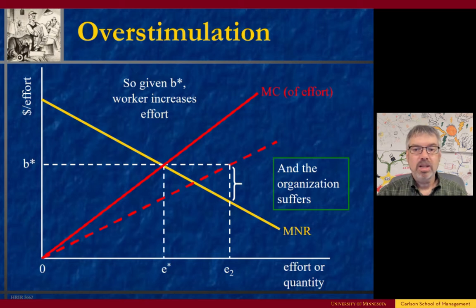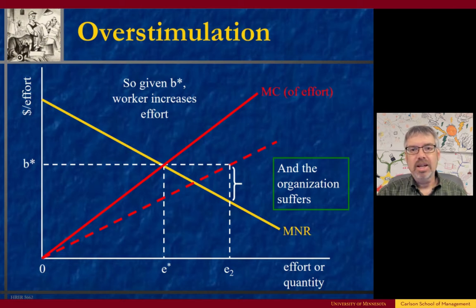But wait, it can actually be worse than this, because think of the employee who's just mindlessly typing on the keyboard. Not only has the employee found a way of reducing the cost of that effort, but that effort is low quality. And so we shouldn't think that the marginal net revenue from that effort is the same level as before, right?